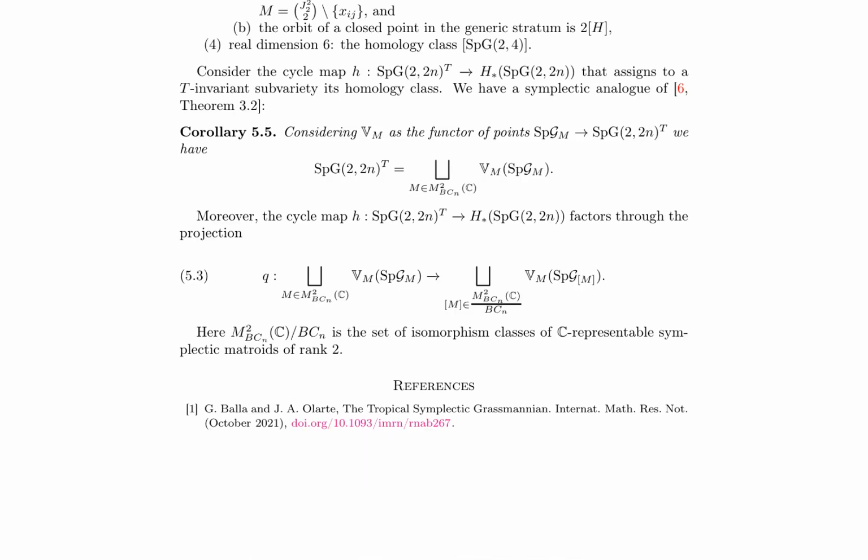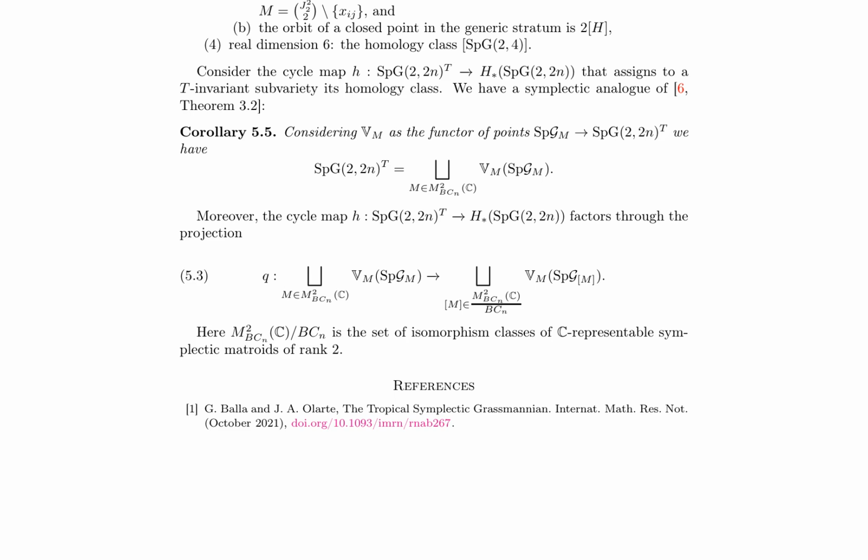The computation of T-invariant subvarieties is crucial for understanding the geometric and algebraic properties of the symplectic Grassmannian SPG, 4. By categorizing these subvarieties according to their real dimensions, this research provides new insights into the symplectic geometry of this space.